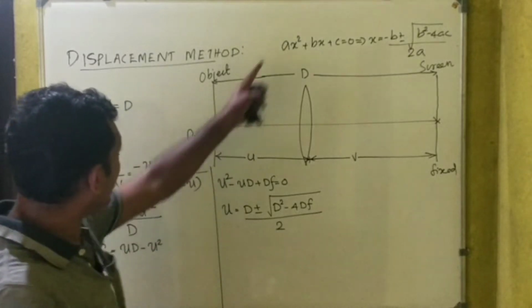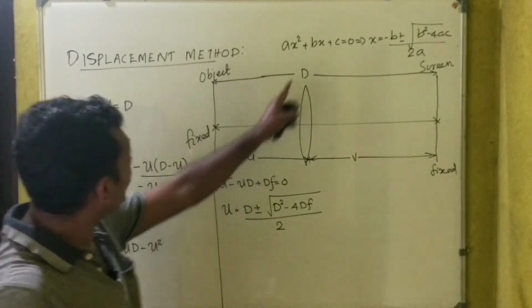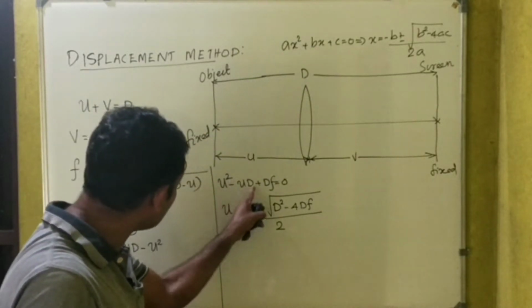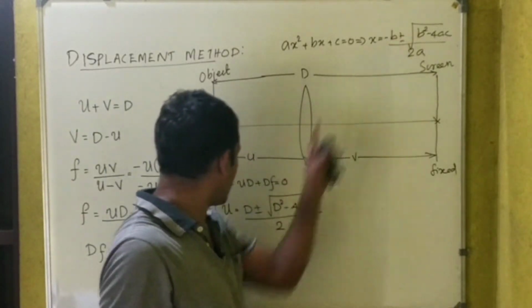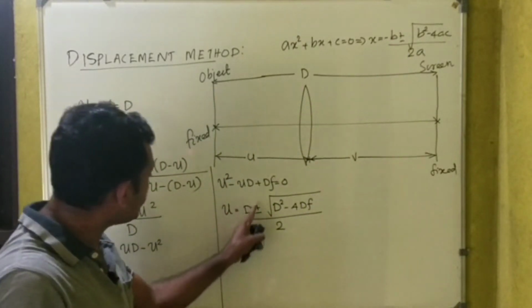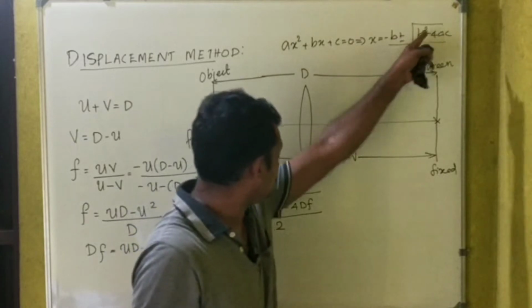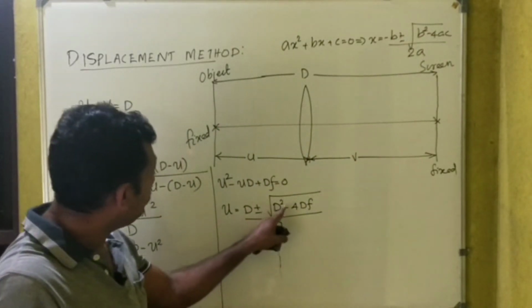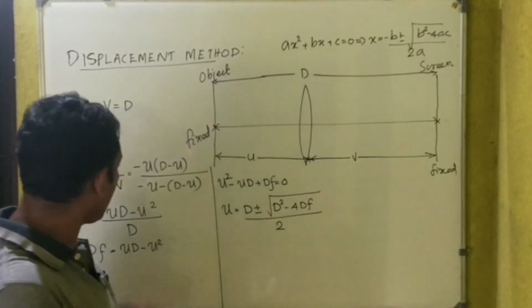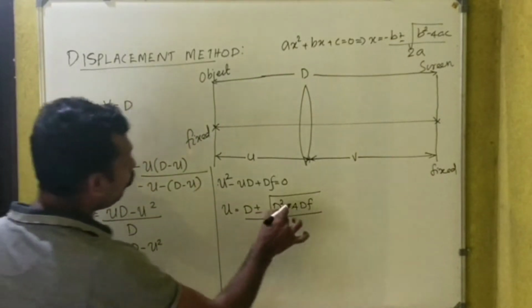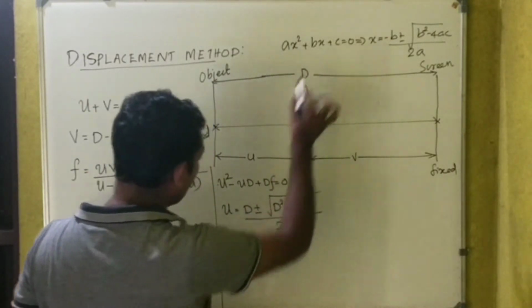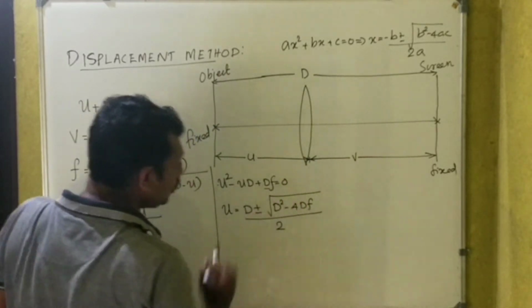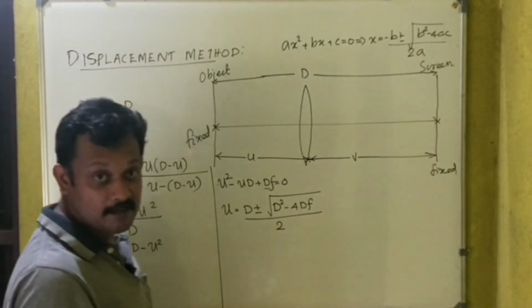So in place of x we have u, in place of b we have minus D. So minus of b becomes plus D, plus or minus root of b square, that is minus D the whole square, which is D square, minus 4 into, in place of a we have 1, 4 into 1 into, in place of c we have Df. So D square minus 4Df divided by 2.